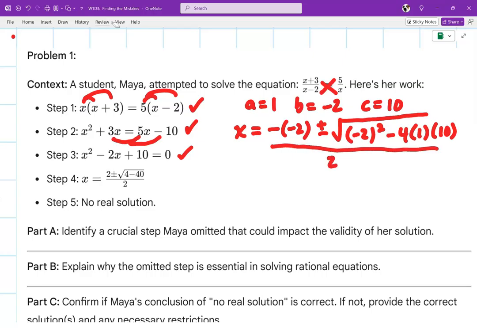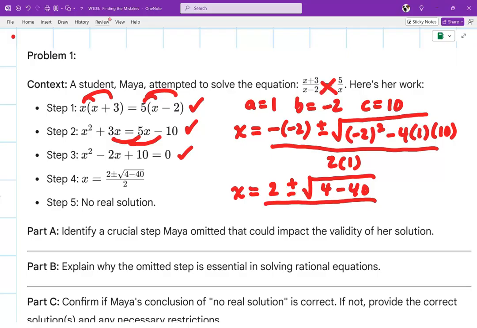Oh, I'm sorry, a should be 1. So x is 2 plus or minus the square root of 4 minus 40, over 2. And notice that's exactly what they put.